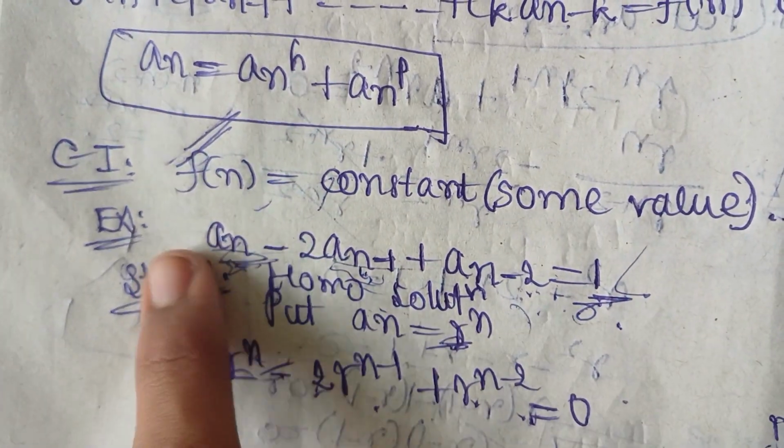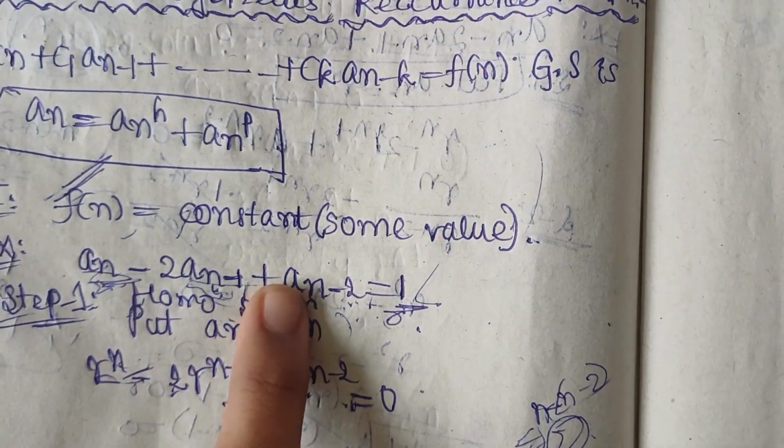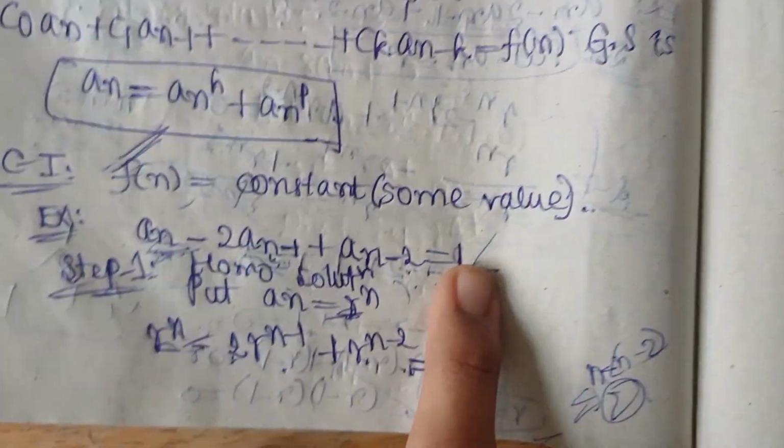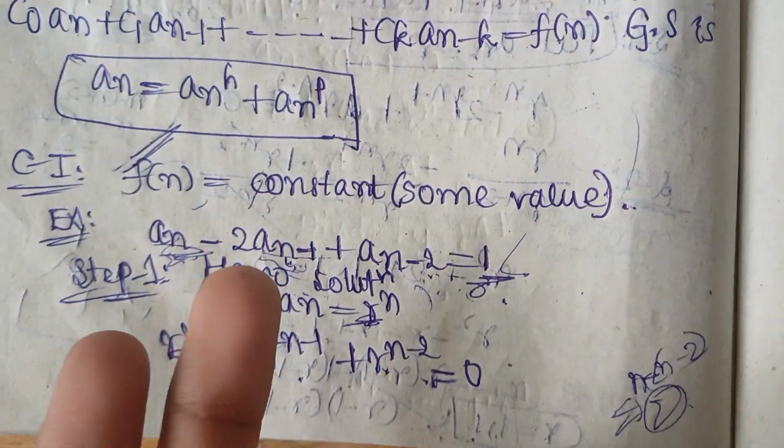It gives p minus 2p plus p. No matter whether it is n-1 or n-2, you simply replace an with p. This is our first step.